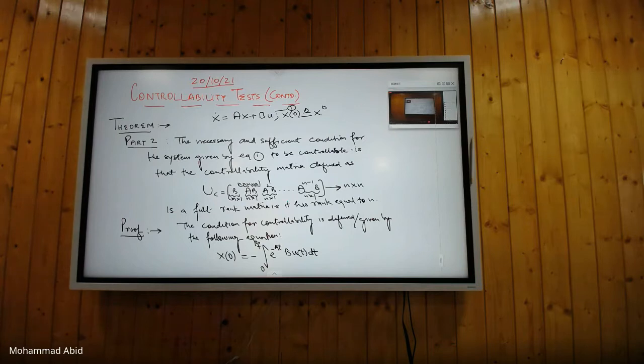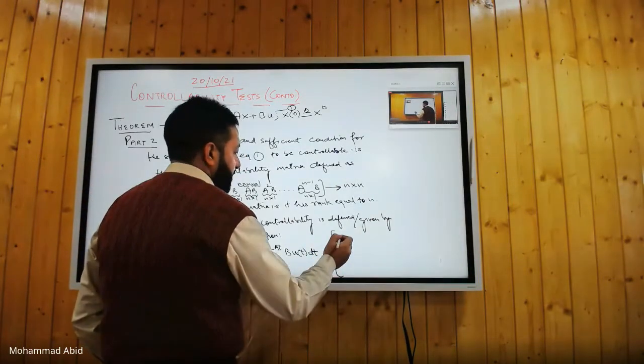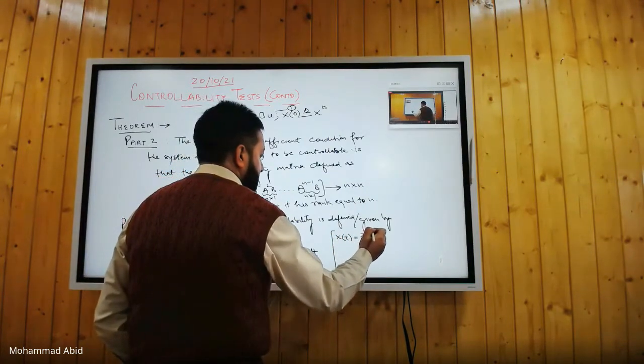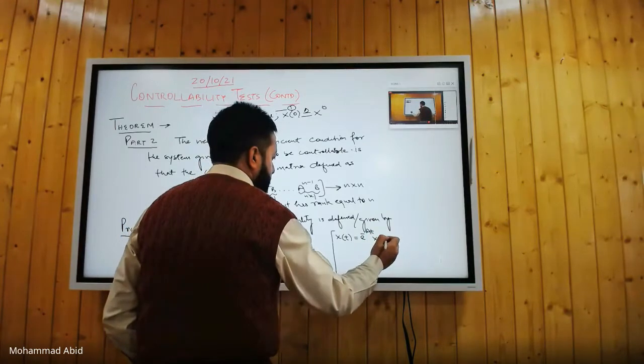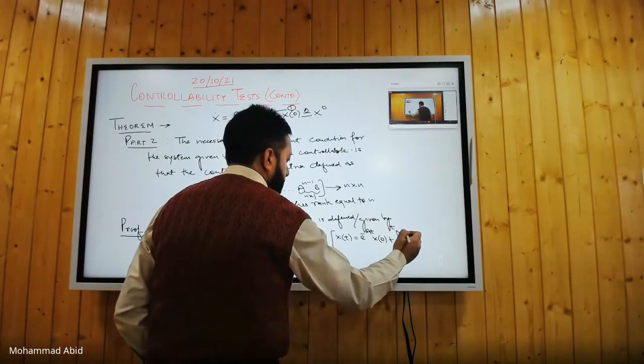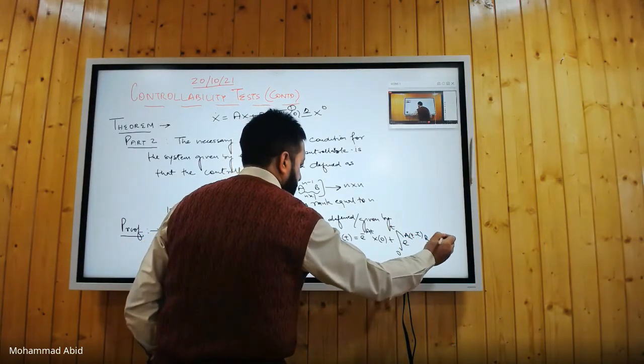We have already discussed this equation last time, because you know basically that the solution of a state space equation is given by x(t) equal to e to the power At x naught plus integral from 0 to t of e to the power A(t minus tau) B u(tau) d tau.